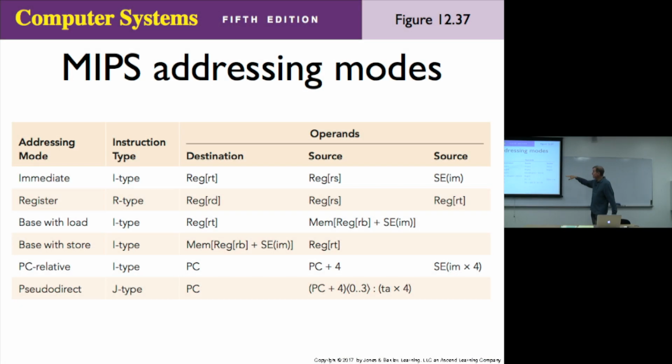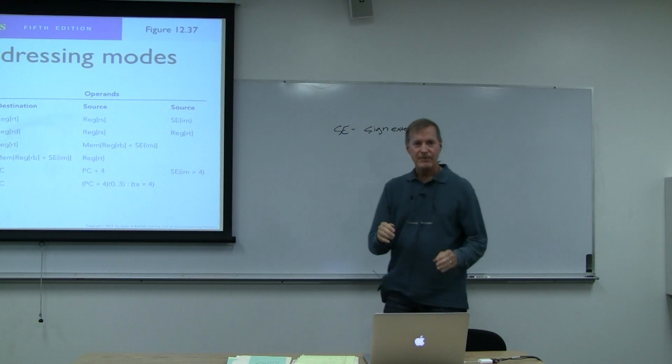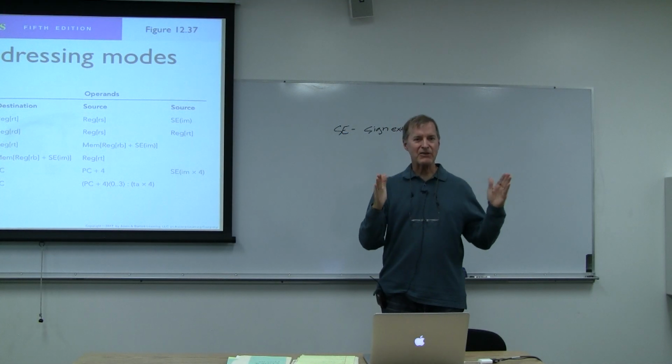So let's take a look at the first. Immediate addressing, I-type instruction, and now the SE under source. SE stands for sign extension. Because look, the immediate field cannot be a full 32-bit value. Why not? Why can't the immediate field of an instruction be a full 32 bits?